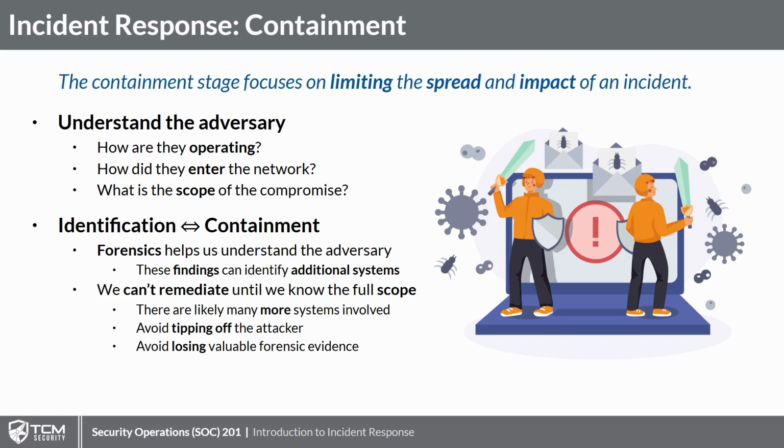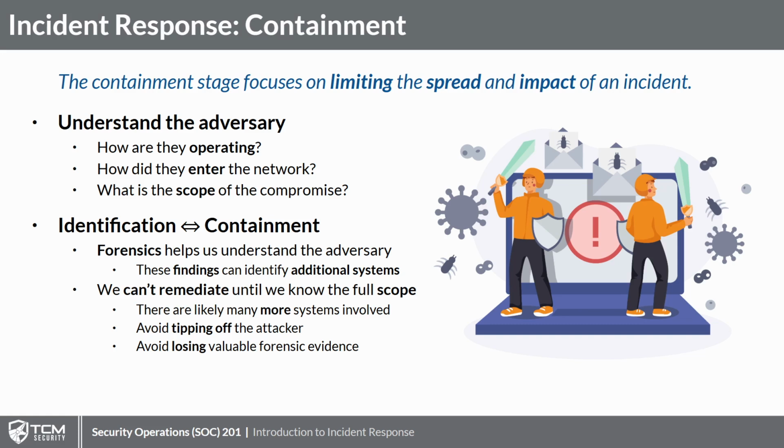But why wouldn't we want to immediately remove compromised systems from the network? The reality is, if we've identified one or two compromised machines, it's likely that the attackers already established a larger foothold on the network. There might be another 20 or 30 or more compromised assets that we haven't discovered yet.